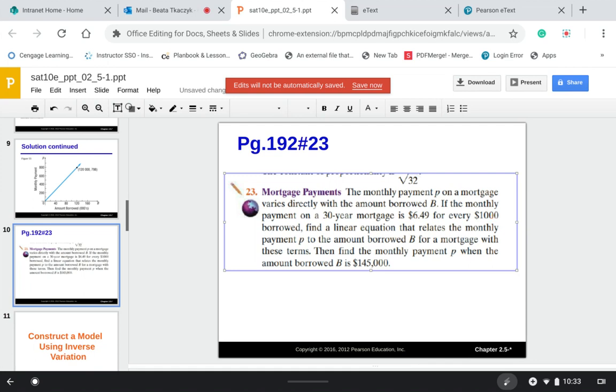Find the linear equation that relates the monthly payment P to the amount borrowed B. So the equation will be P equals K, which is a constant, times B. We need to find that K. Then, once we build that equation, we're going to find the monthly payment when the amount we borrow is 145,000.